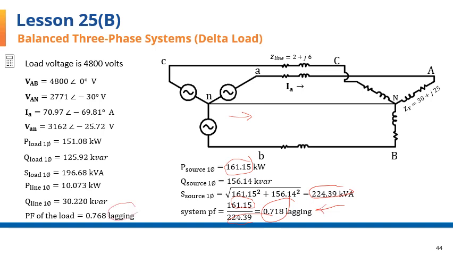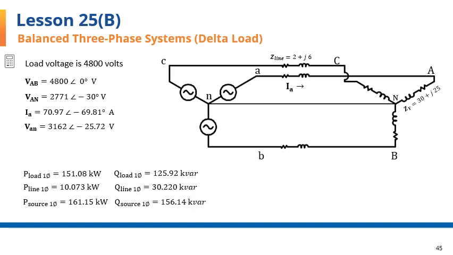The reason is that the highly inductive line impedance is added to the load, which itself happens to be an inductive load, and so it becomes even more inductive, which lowers the power factor further. I'll summarize the powers on the next slide.